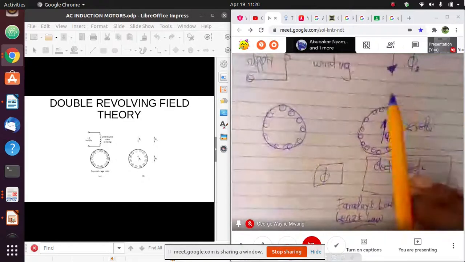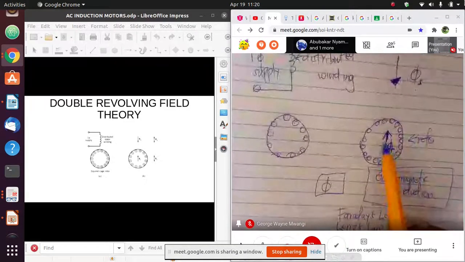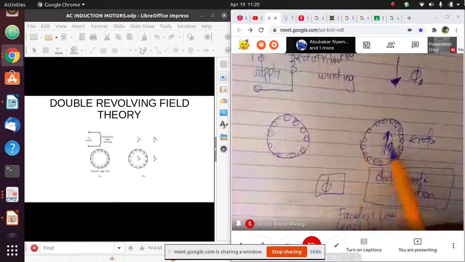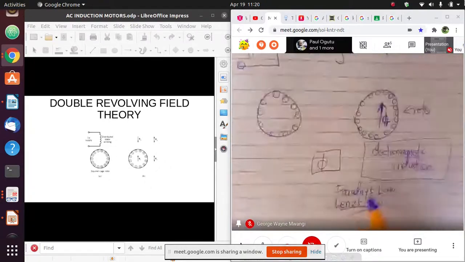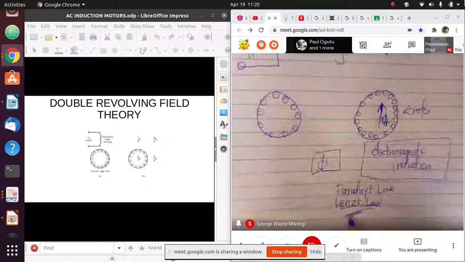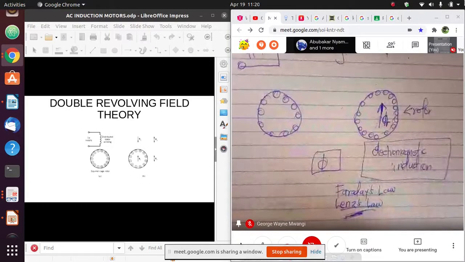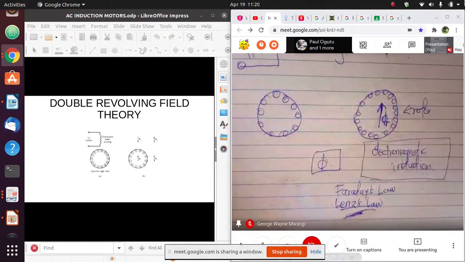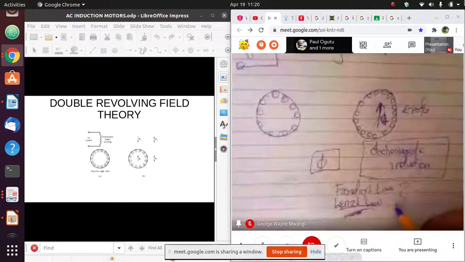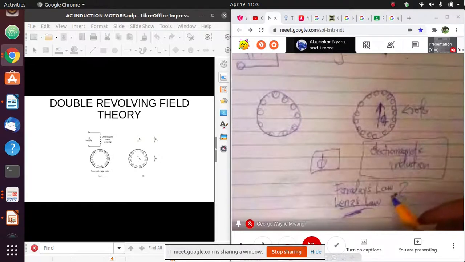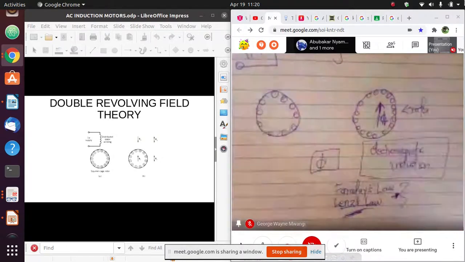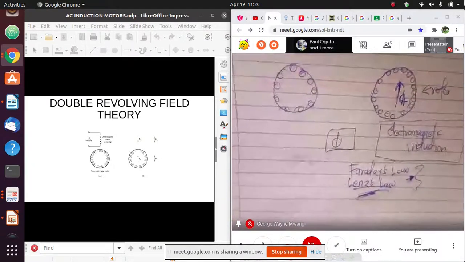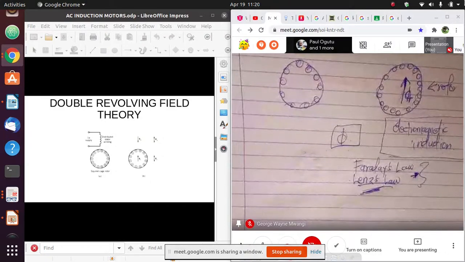Once the stator flux and the rotor flux are produced, these fluxes will tend to oppose each other, and this is Lenz's law. Once a flux is produced, it will tend to oppose the force that has produced it. Lenz's law of electromagnetic induction. Go look at these two laws and tell me the difference. We'll see, because these laws are mentioned a lot in terms of electromagnetism.